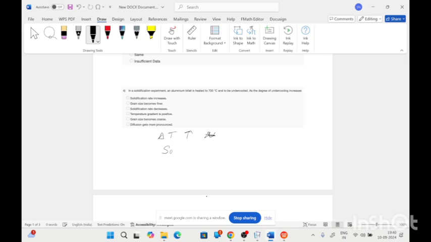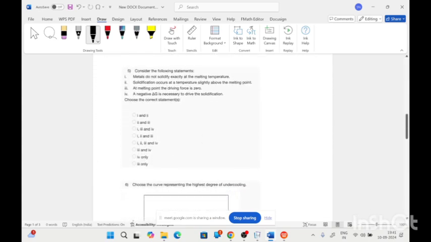So the first option is correct, and because of the high undercooling, the nucleation rate is also high. So the second option is also correct, meaning grain size becomes finer.